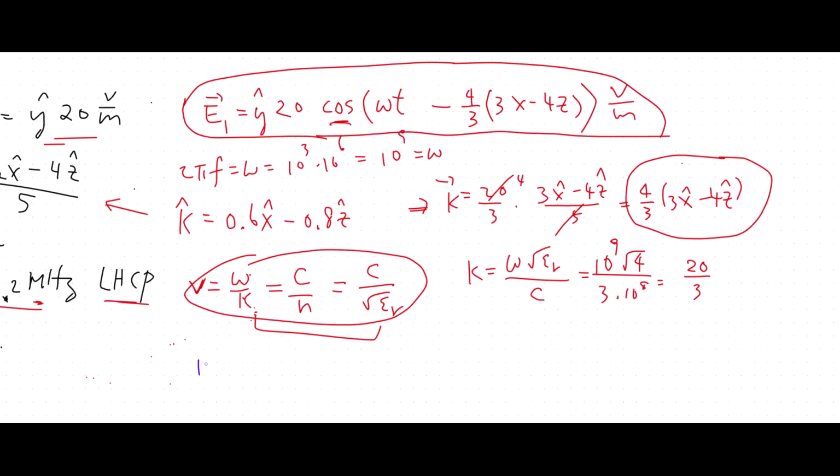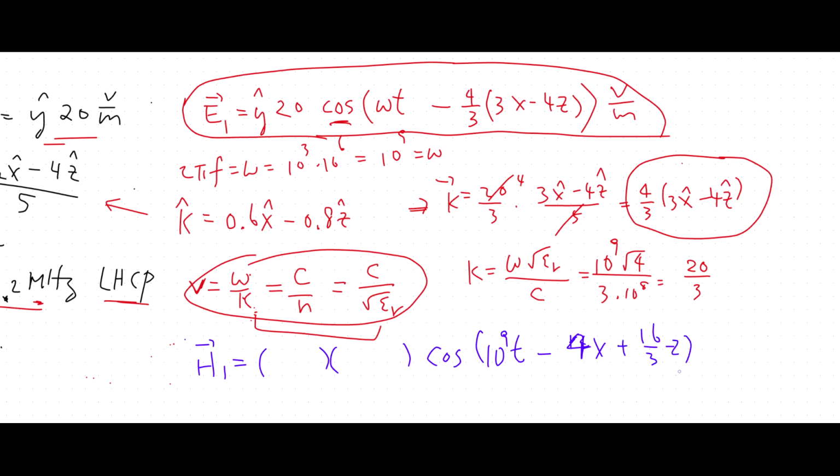So H1, I don't know the direction or the magnitude yet, but I know this is going to be cosine of 10 to the 9 t minus, I'm going to remove everything, the 3 cancels, for x minus 16 over 3 plus z.